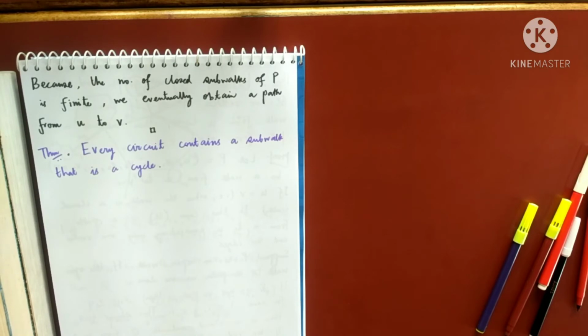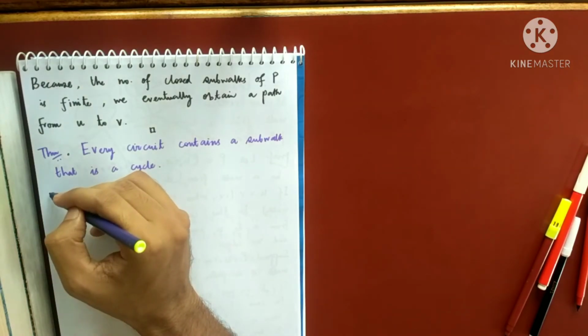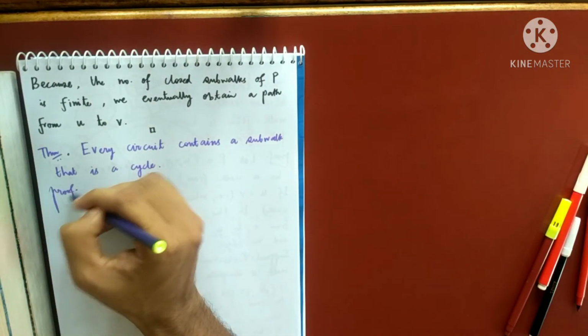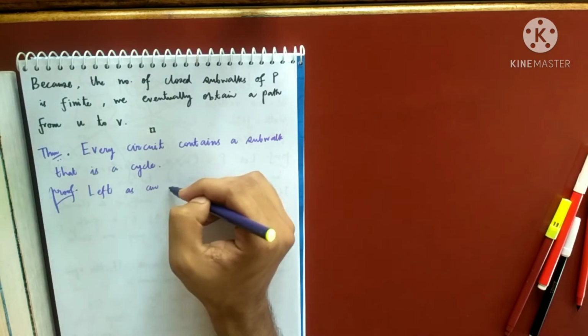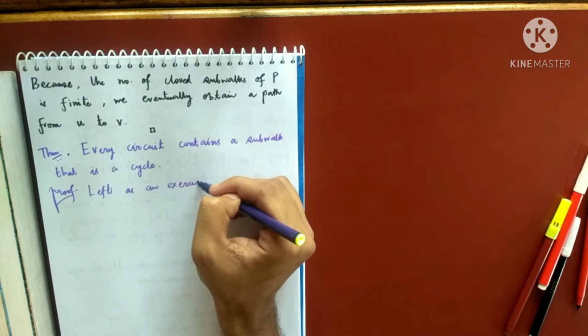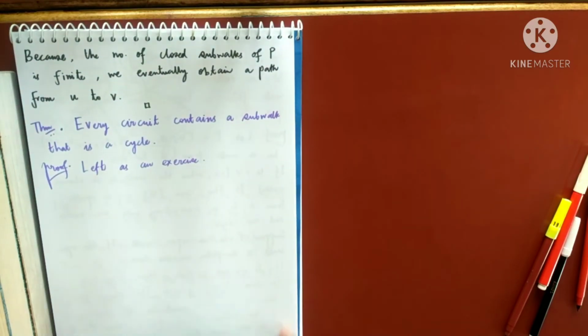You just try to do the proof, or else if you do not get the idea, please ask me. I will tell you the idea to prove it. For the time being, I will not do the proof. Okay, so left as an exercise. So we are done with at least these two things. You give me a walk, I will give you a path, and you give me a circuit, I will give you a cycle. Good enough.